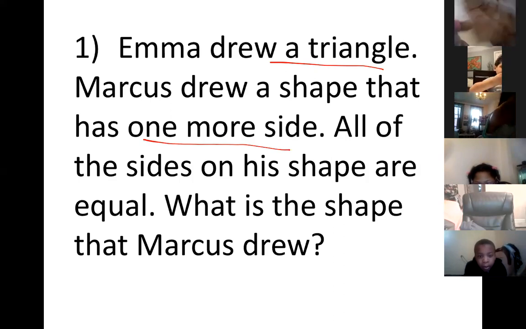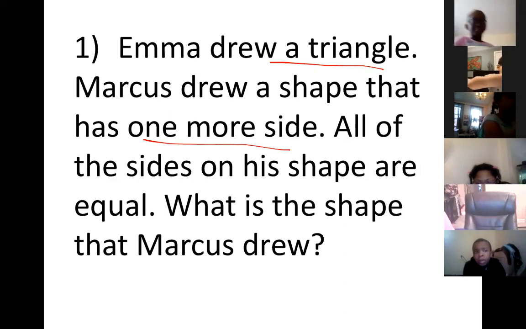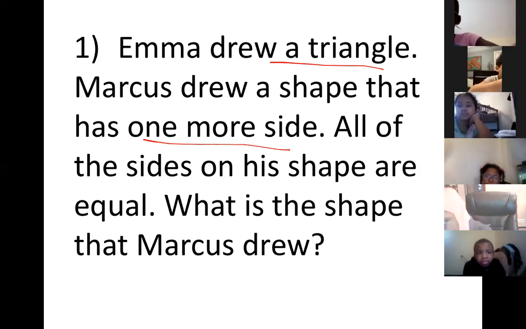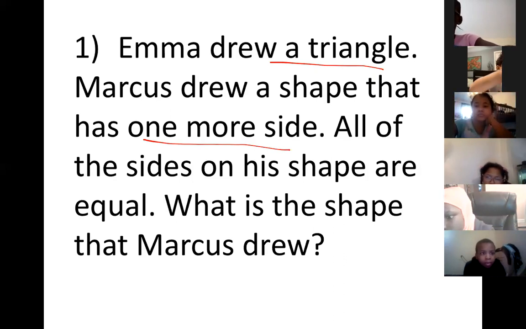Mariah, try something. Just try and summarize what's happening in this question. Drew a triangle. Yeah, so we know that Emma drew a triangle.